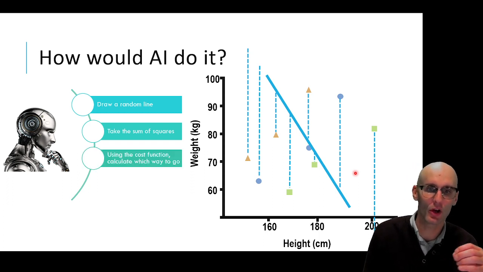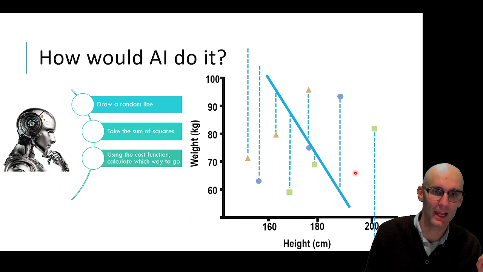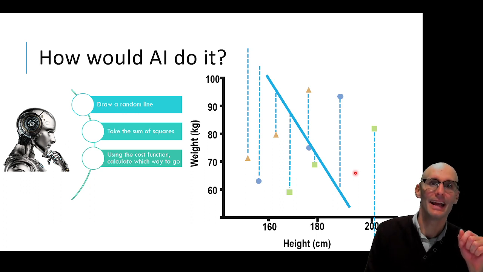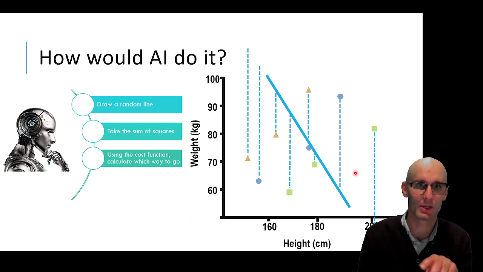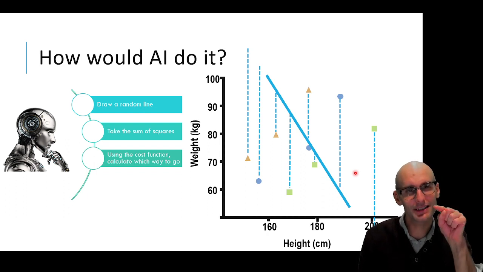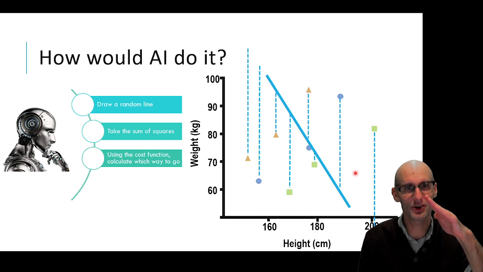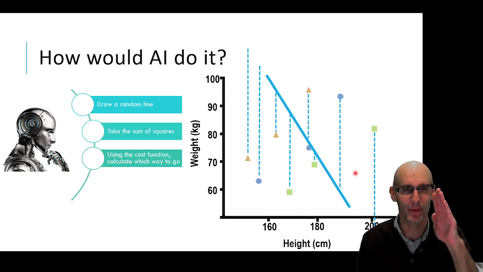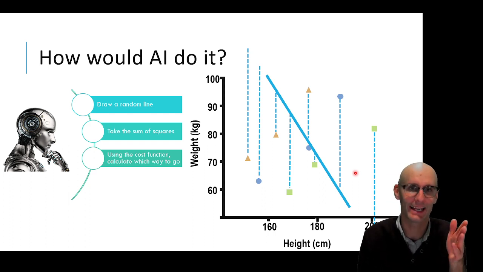So using the cost function, what AI does then is it takes the formula that we used to generate the cost function, and it figures out which is the best way to go. Should I rotate that way or should I rotate that way? What's the best way to go next, right?